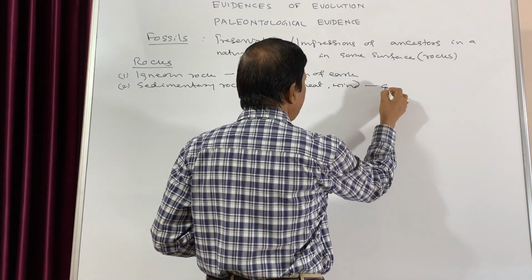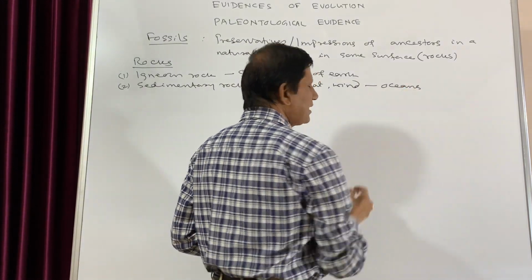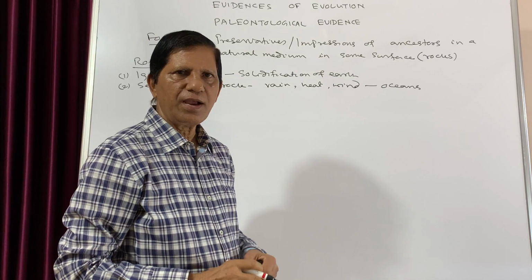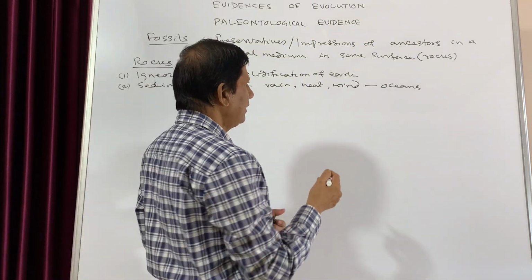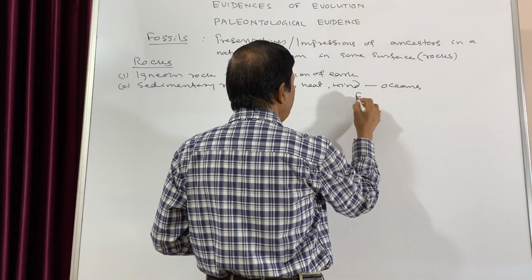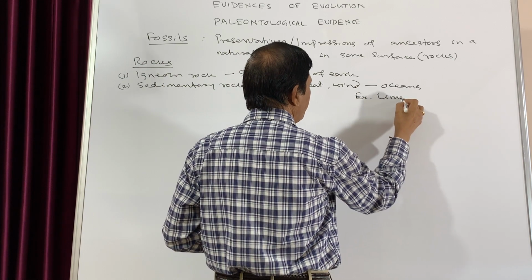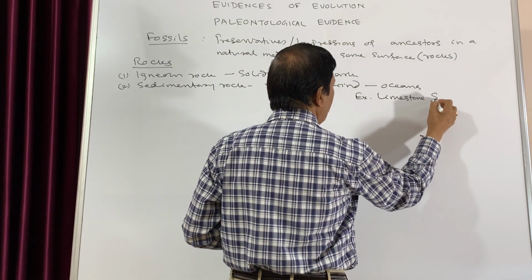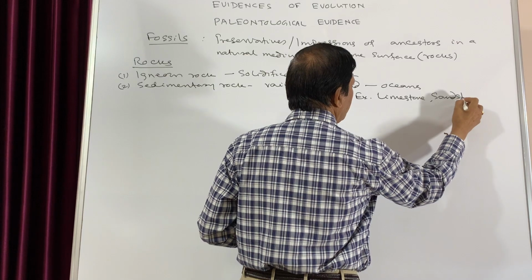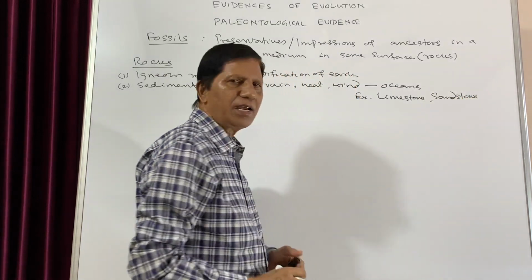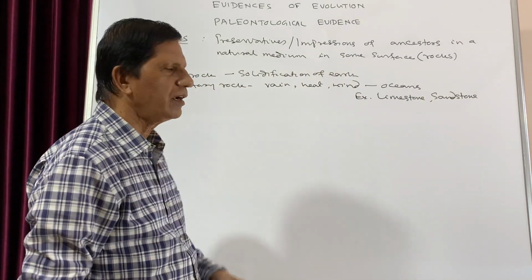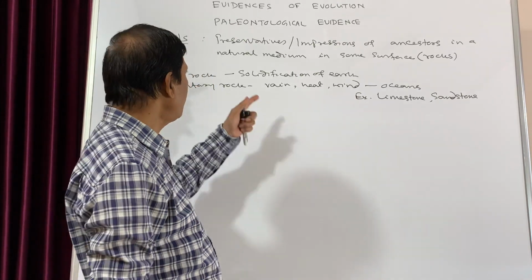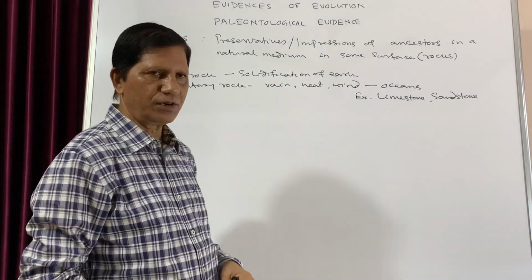And ultimately the rocks are settled in the oceans, and ultimately they give rise to the limestone and sandstone. So these are the limestone and sandstone, they are the examples of sedimentary rocks. So they are formed out of the igneous rocks.